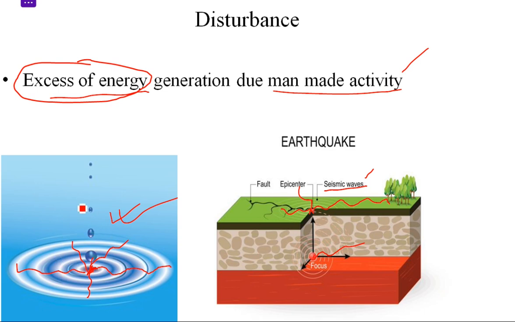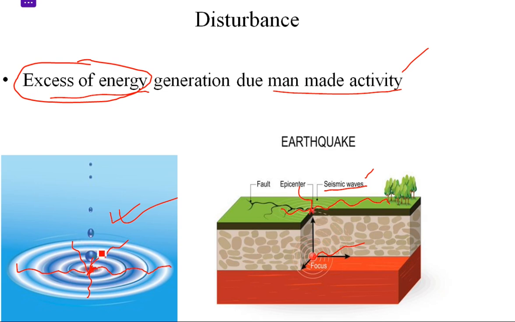Similarly, this is the ripple we generate by throwing the stone, and this is the second example. Let's say under the earth there is decomposition of a very big rock. Then that rock is going to produce ripples around it, and these waves are generated from the epicenter.